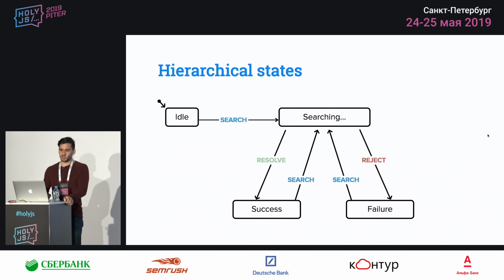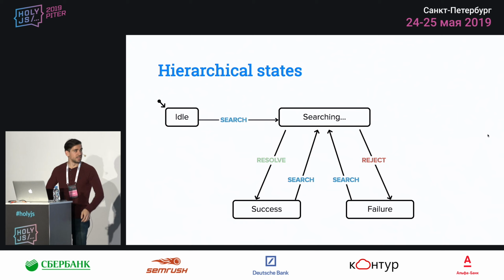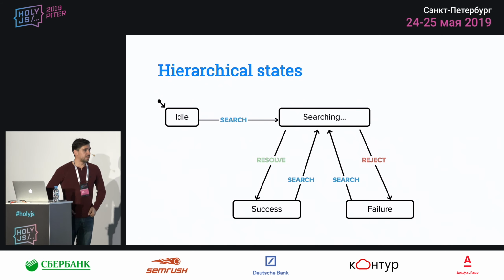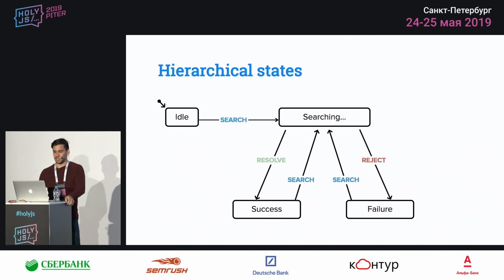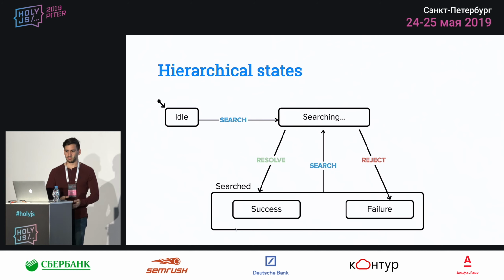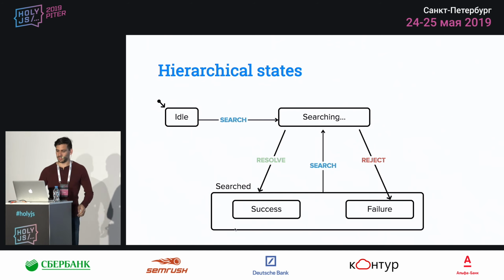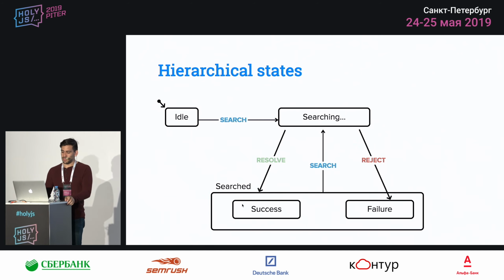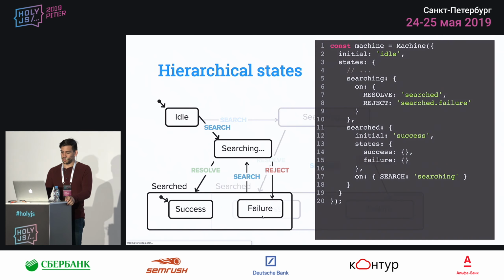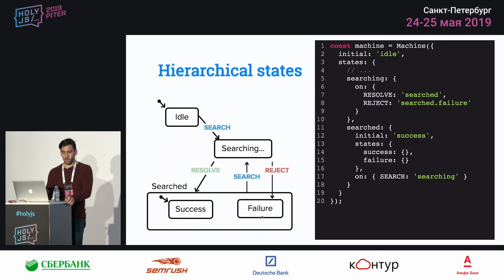So let's take a closer look at hierarchical states, for instance. When we see the success and failure states over here, we see that there's a search transition outgoing from each one of those. This is what's known as common behavior. We could group those two states in one common state, known as the search state, or whatever you want to call it. In the search state, we could either be in success or failure.